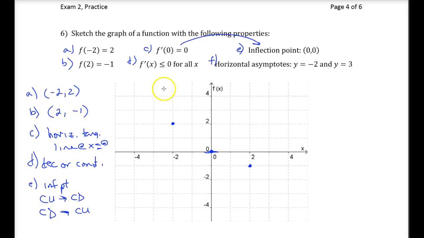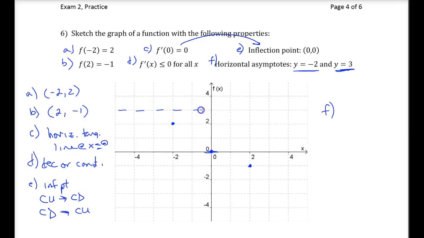So if we're looking at it this way, one of the ways that we could actually draw this graph here is to make it go down like this and then continue going down there. But F is actually going to sort of rein in everything. So we see that we have a horizontal asymptote at y equals 3 and at y equals negative 2.